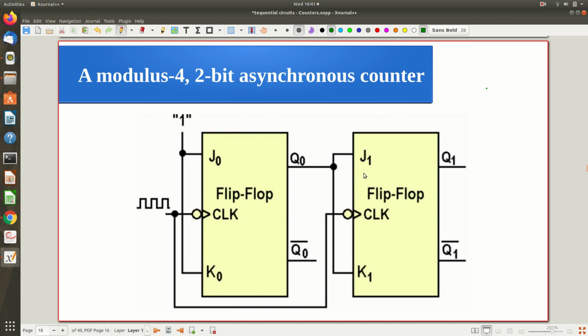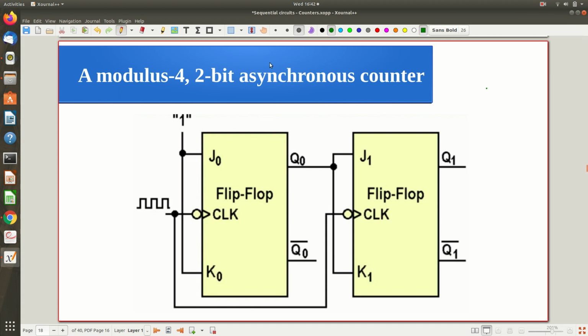Here you can see 2 JK flip-flops, and the inputs are connected as 1. Anyway, we will see how it is working. That's a mistake, sorry for that.